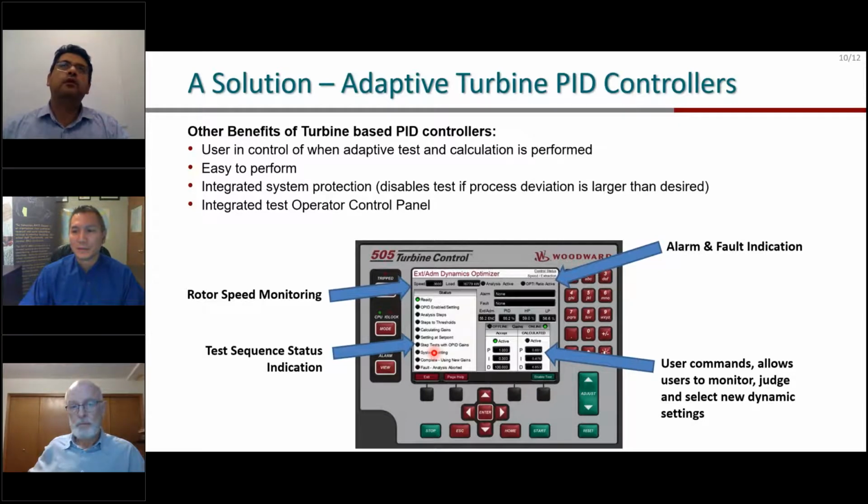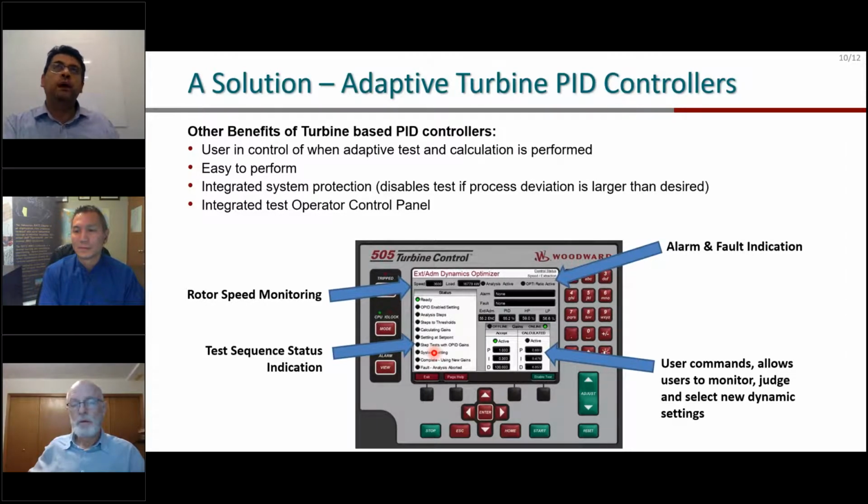In a sticky valve condition, depending upon how severe it is, our controller will try to tune the turbine. If it's not able to tune it, it will give you an alarm and fail, and tell you that the process gains in the system are beyond the ability of the controller, because at the end of the day, the valve itself has to be able to perform.